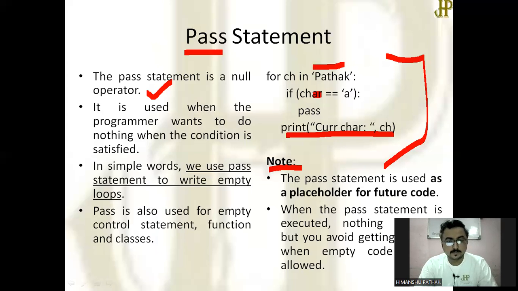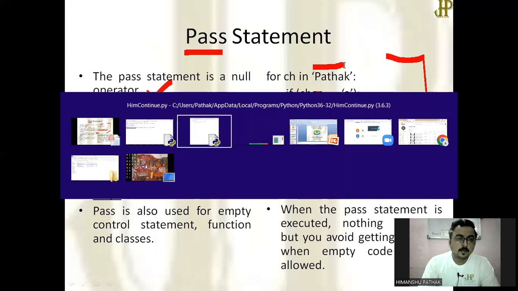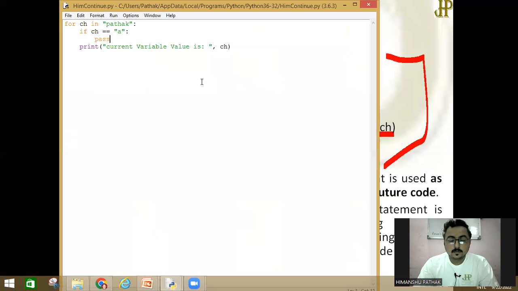Okay, you will see. Here I have put what? Pass. Now you will see that neither will the statement be ignored like continue, nor will the control come out from the loop.